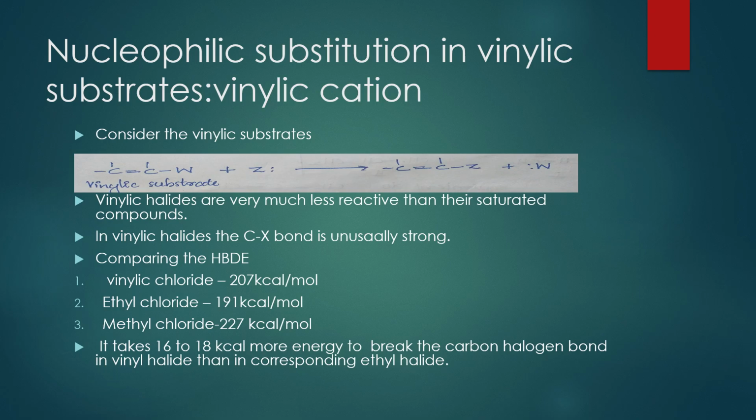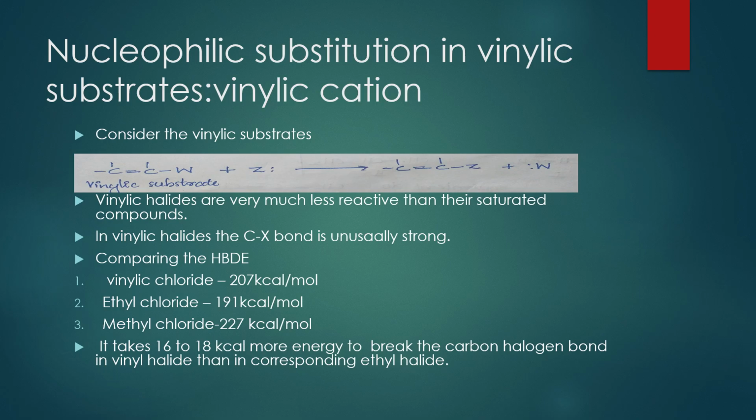You know that in a vinylic substrate the doubly bonded carbon atom is bonded to 3 other atoms, so it uses sp2 hybridized orbitals, and compared to saturated compounds, where the carbon atom uses sp3 hybridized orbitals, sp2 hybridized orbitals have more s character.